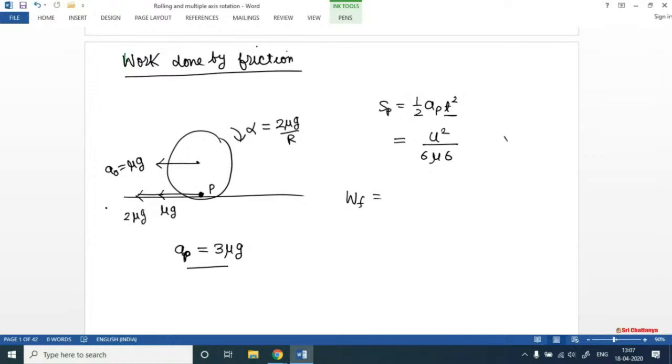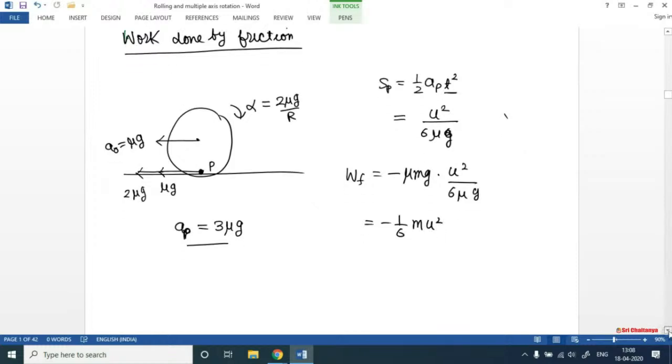That would be the magnitude of friction, minus mu mg, into this displacement, u square by 6 mu g. So this turns out to be minus 1 by 6 mu square. This is the work done by friction.